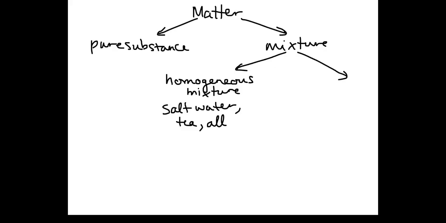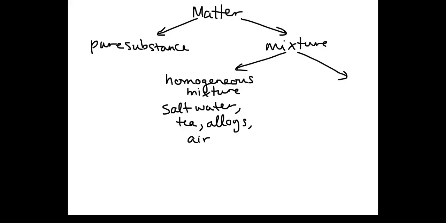And then also air, I would call a homogeneous mixture. It's not always the case way up in the stratosphere, where there's not as much oxygen. But as we're breathing in this room, it's generally the same well-unified mixture of nitrogen, oxygen, CO2, and other gases. It's not like we have a bunch of CO2 sitting in this corner and a bunch of nitrogen sitting in this corner.